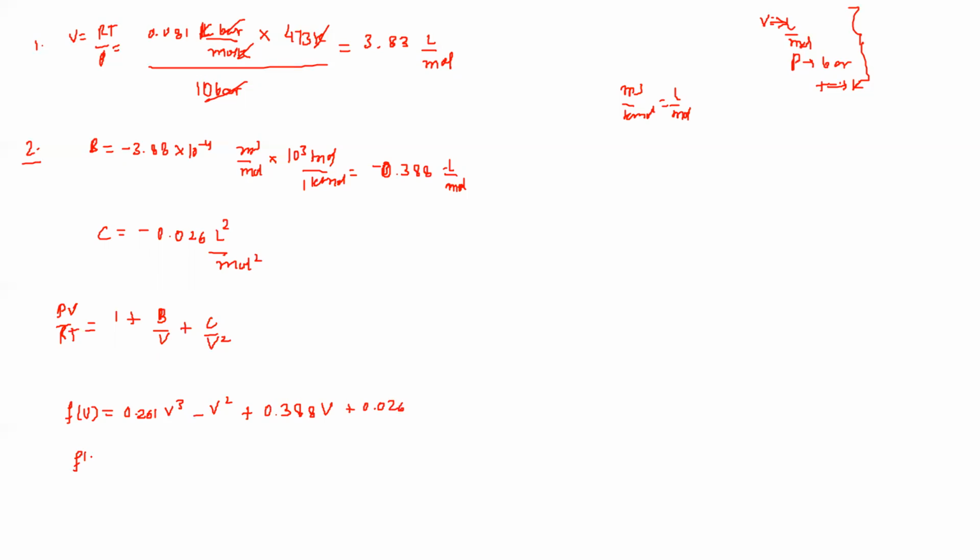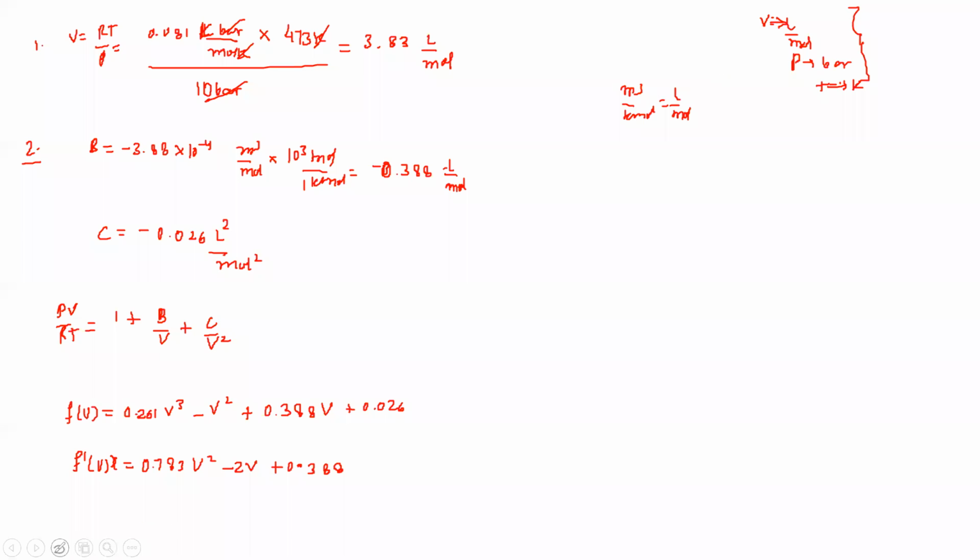From here we get F dash V equal to 0.783 V square minus 2V plus 0.388. We are using the Newton-Raphson method.